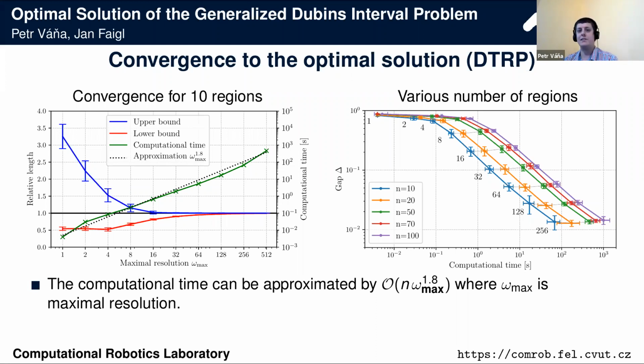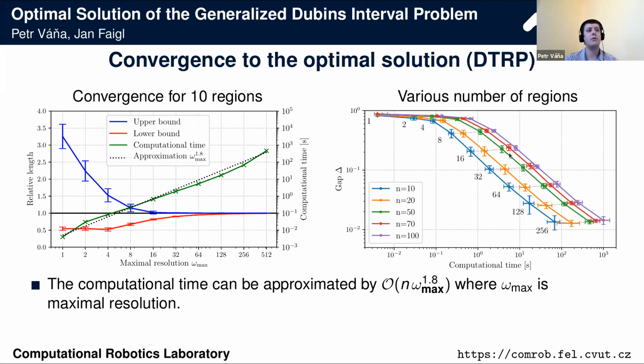So this is very interesting. And what we also found is that the algorithm scales linearly with the number of regions. So here we have an example, the blue line for 10 regions as in the demonstration.